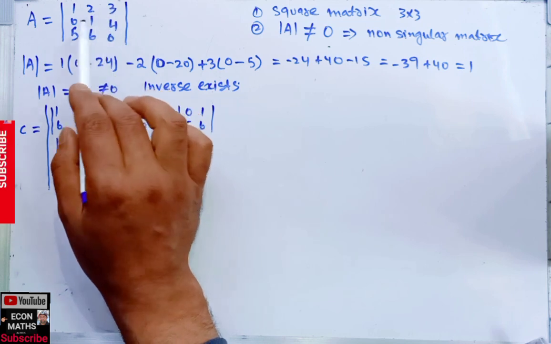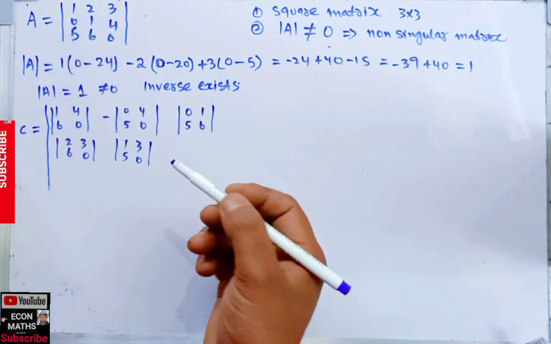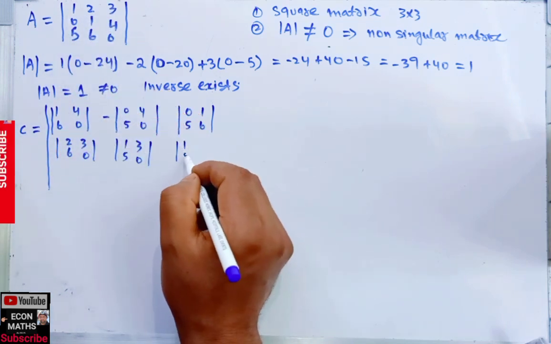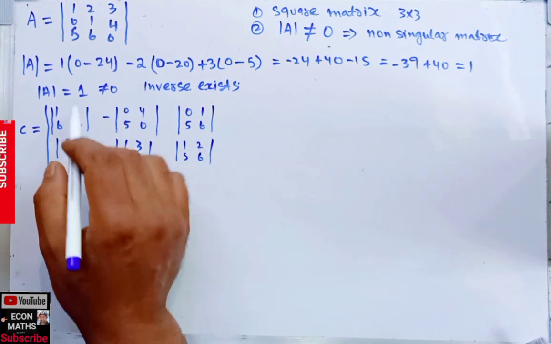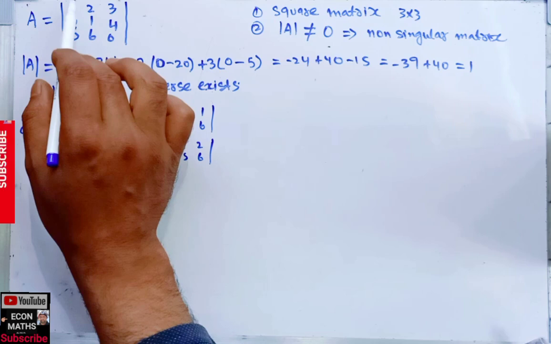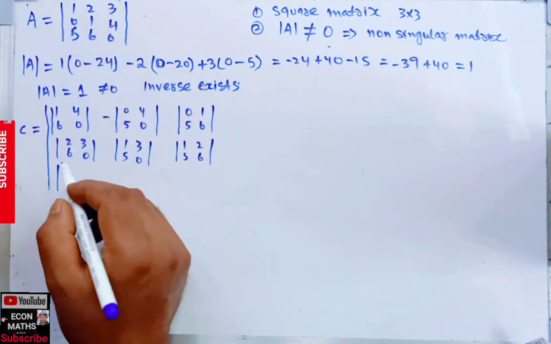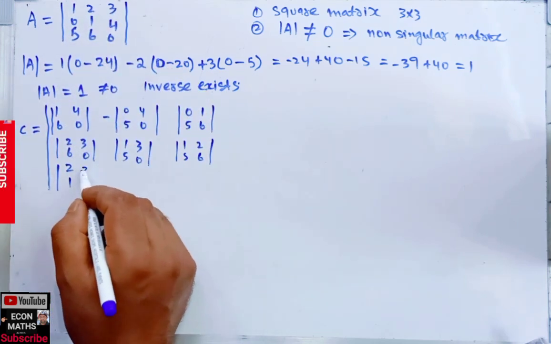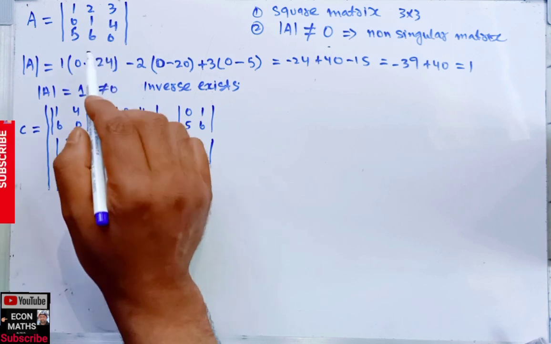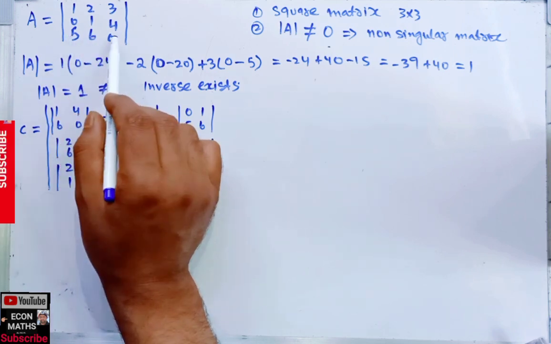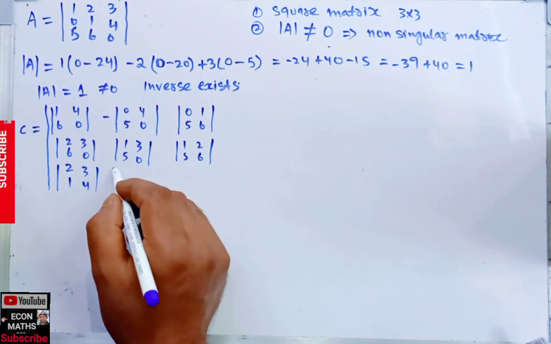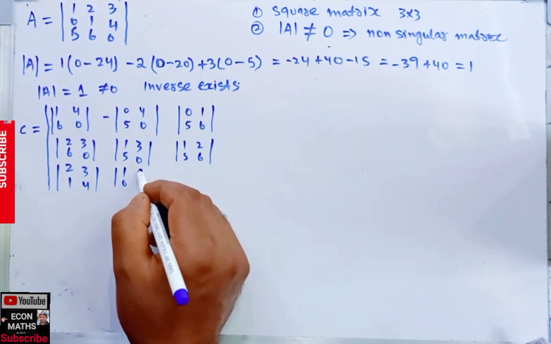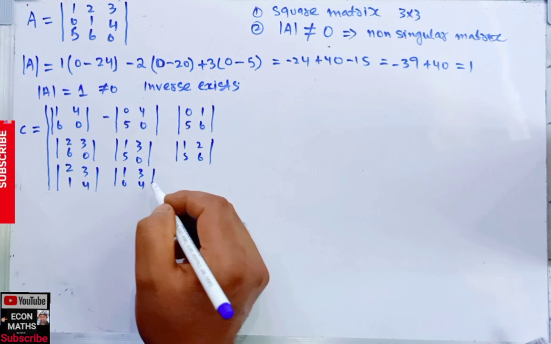This row and this column, we get 1 5 2 6. Similarly, this 5, we get 2 1 3 4. Similarly, this 6, delete the row, the column, we get 1 0 3 4.